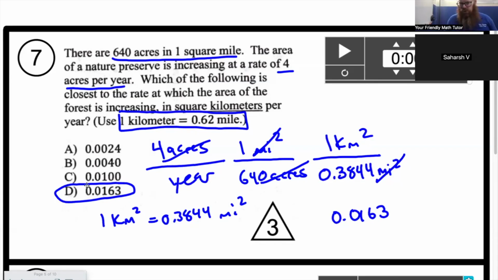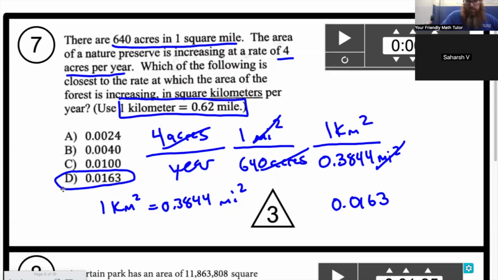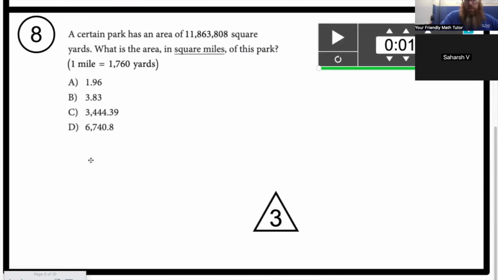I think it would have been answer choice C. So you've got to be careful when the conversion factor is either square units or cubic units. You have to do that to the conversion factor to make sure that all the cancellations actually work out. Okay, let's do one more like that, very similar.